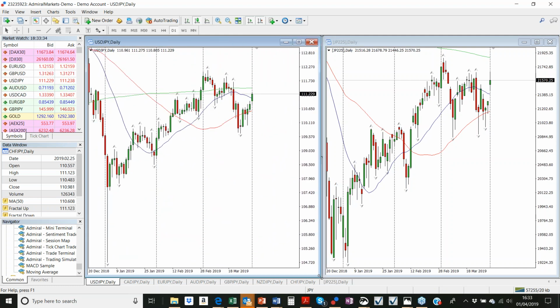We can see there's been a little bit of movement, and what's interesting is the strength of the correlation between the Nikkei and the Japanese yen. Remember, Japan is a global exporting economy, so their companies are focused very heavily on trade, and they're very sensitive to exports.